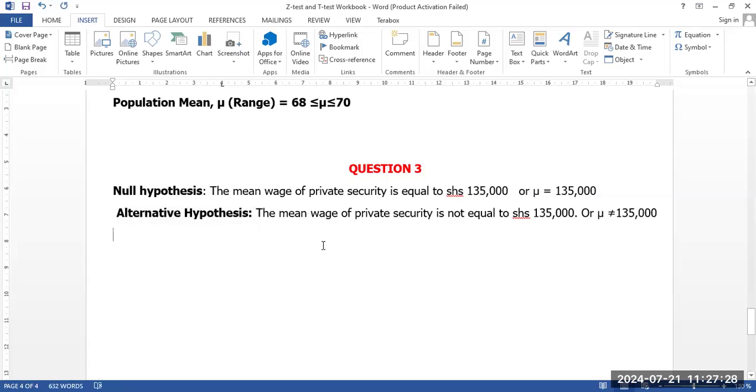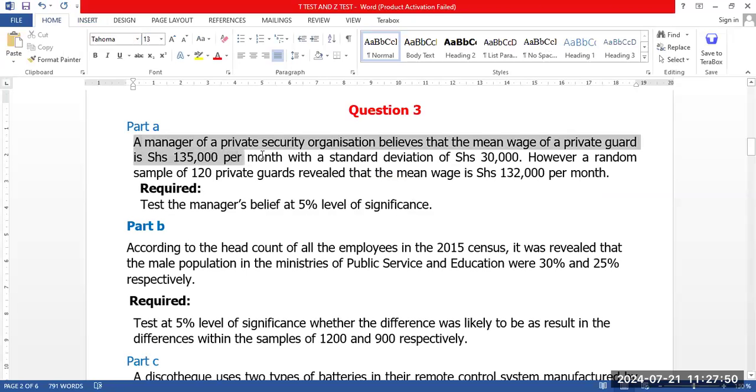Suppose you say that the sample mean is equal to 132,000. No. We put what the examiner believes, what this manager believes. Remember, when you observe the question, from here up to here, you are not seeing any sample.